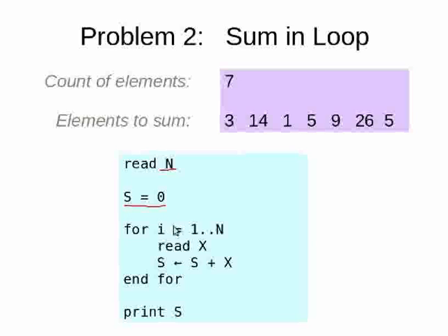The rest is simple. The for loop will take us through 7 iterations. It is given by this upper bound of the loop, and on each iteration we read x and calculate the following equation: x, which is 3, for example, and s, which is initially 0.